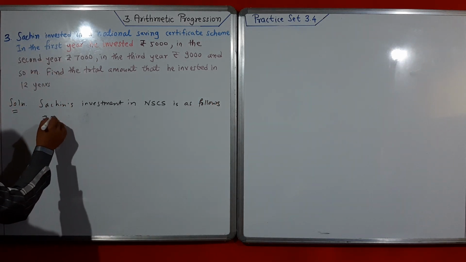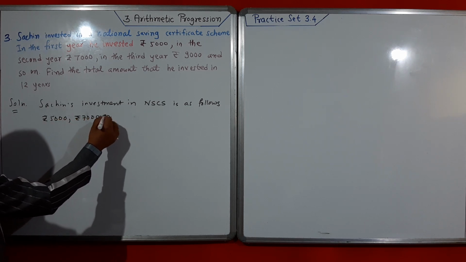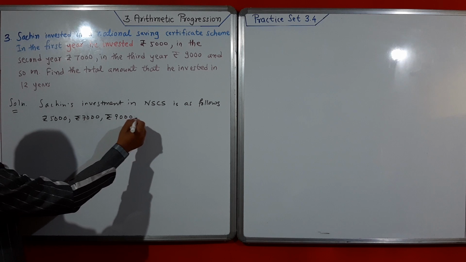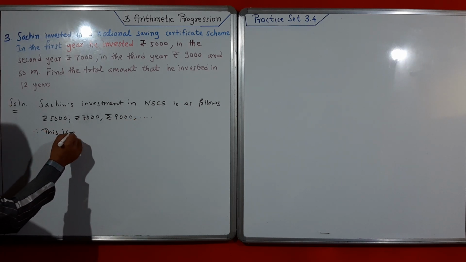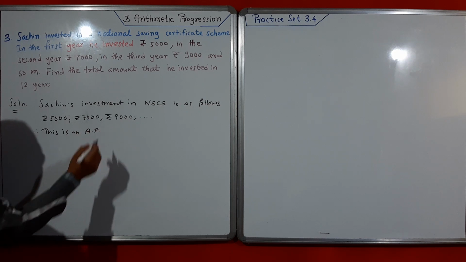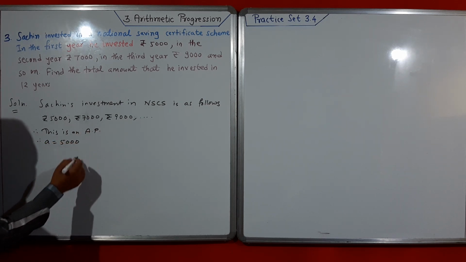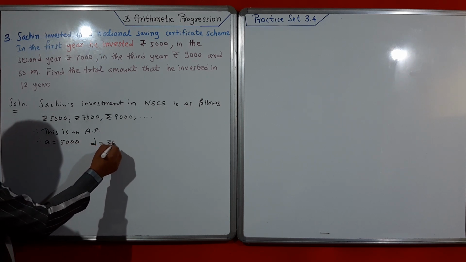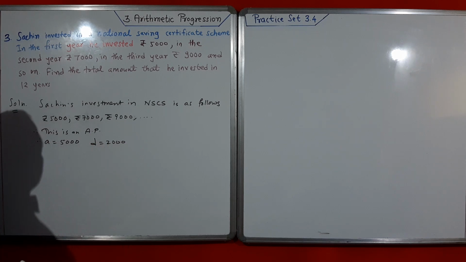Rupees 5,000, rupees 7,000, rupees 9,000, and so on. This is an AP. Therefore A is equal to 5,000 and d is equal to 2,000. It is obviously a difference of 2,000 rupees.